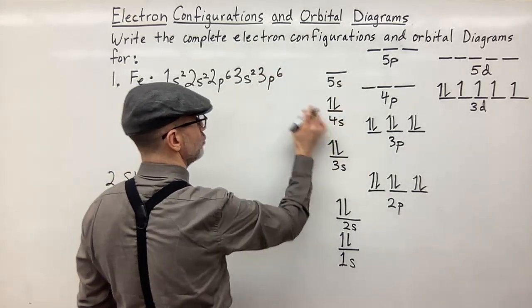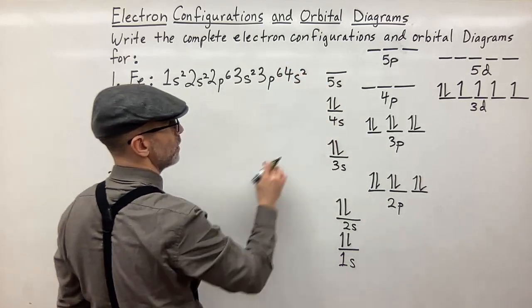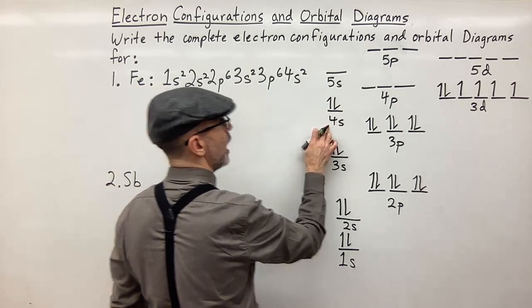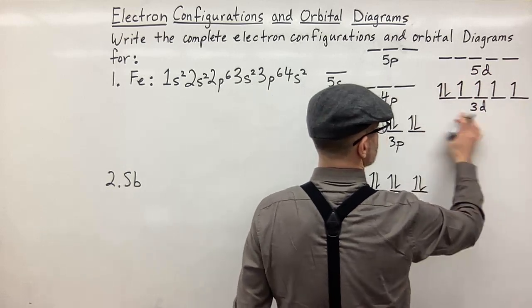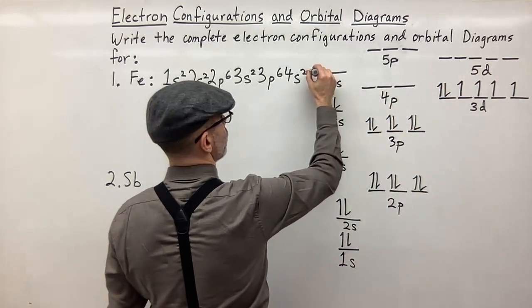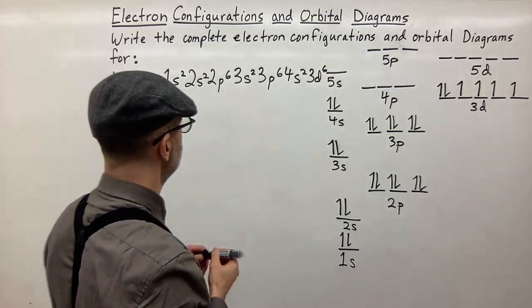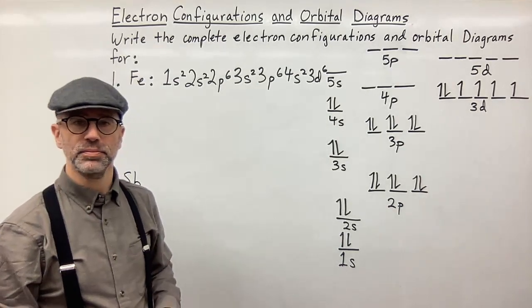I have 2 electrons there, so 4s2. And then from the 4s, I go to the 3d, and I have 6 electrons here. So that's going to be 3d6. And so that's the electron configuration for iron.